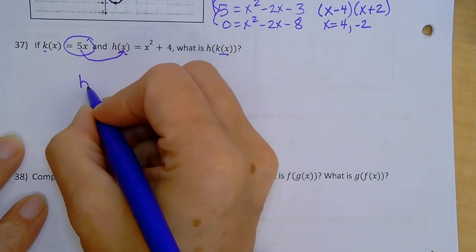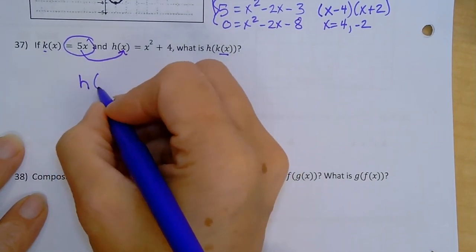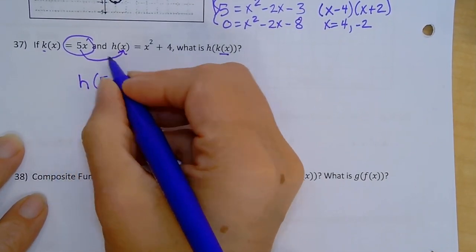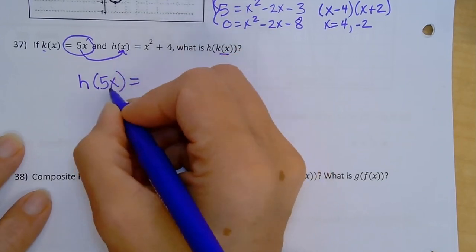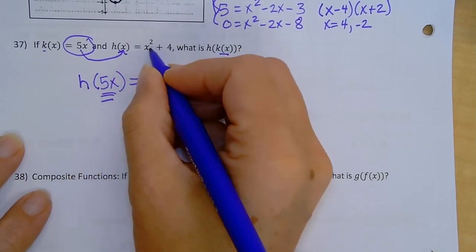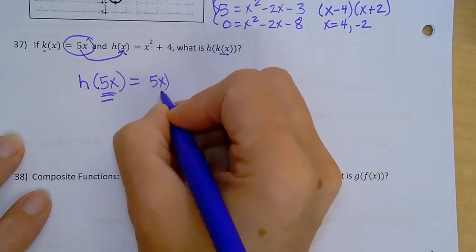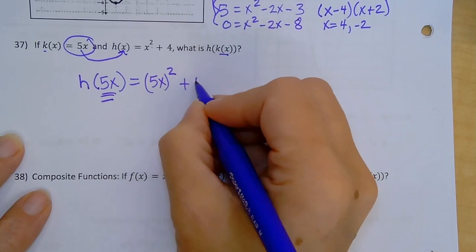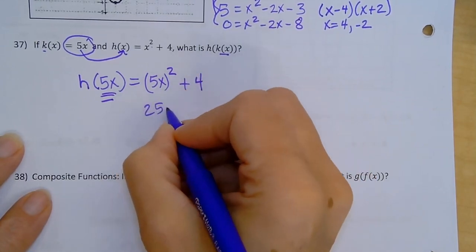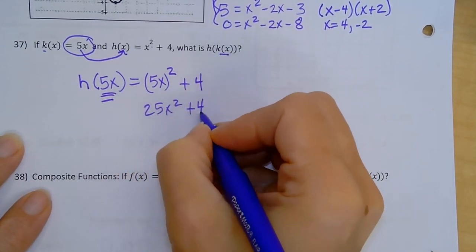So what is the h of the k of x? It's the same thing as saying what is the h of 5x. So any place I have input x, I'm going to plug in now this. So instead of x squared, I'm going to say (5x) squared, use parentheses, plus 4, which means that I have 25x squared plus 4.